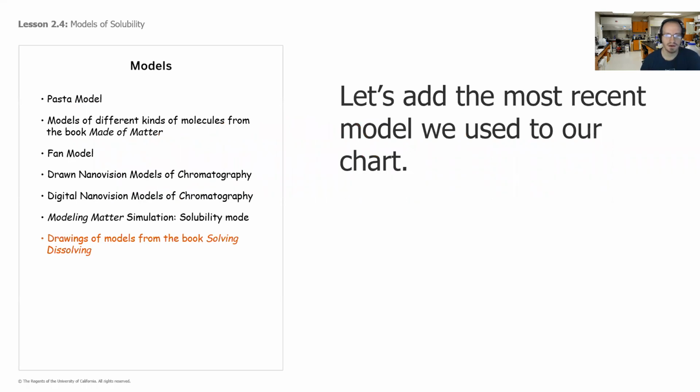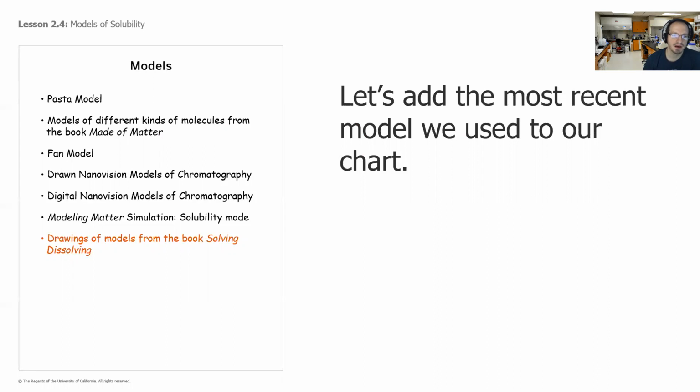So if we take all those models and put them together in our chart of models for the chapter, we have our pasta model from the classroom. Remember, we had the 3 different sizes of pasta that represented 3 different sizes and shapes of molecules. We had our different kinds of molecules that were drawn in the Made of Matter book, which you can access using the information we're going to give you later in the lesson if you want to go back and look at that.